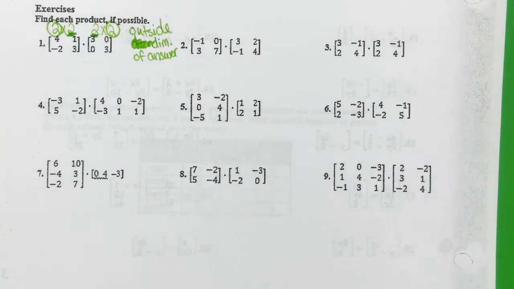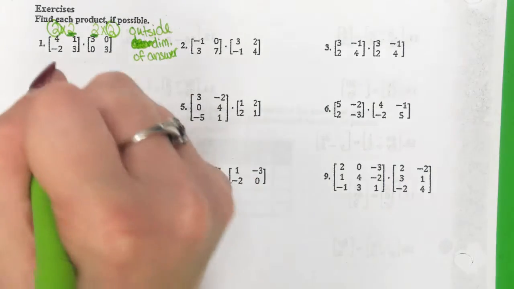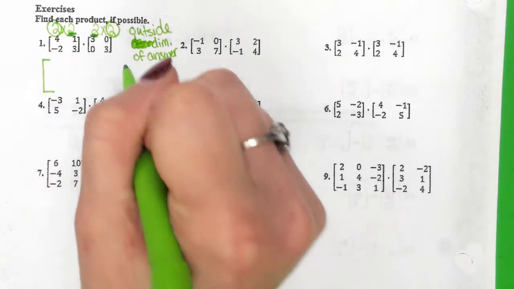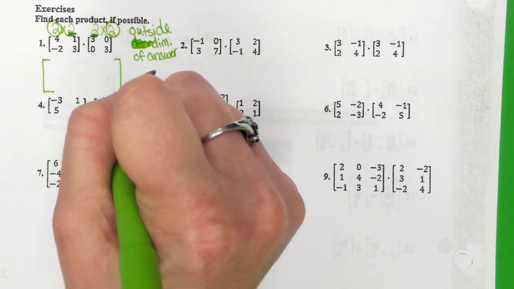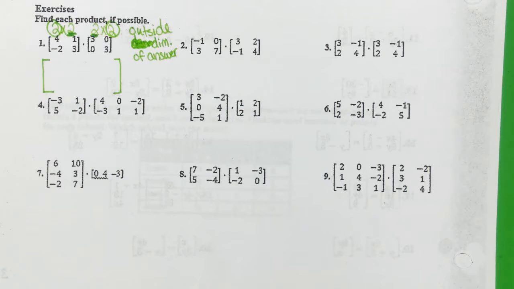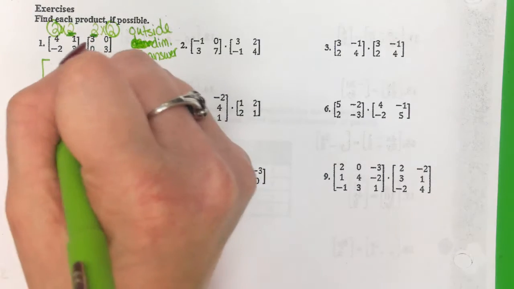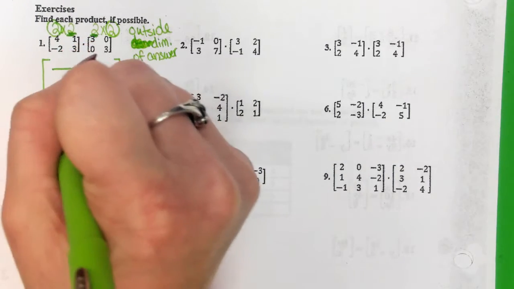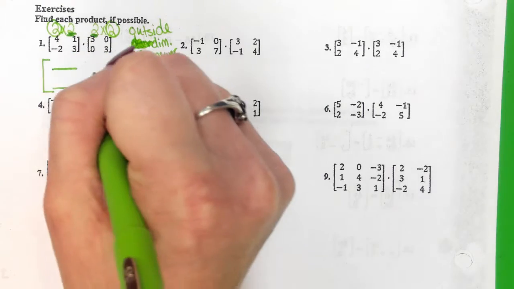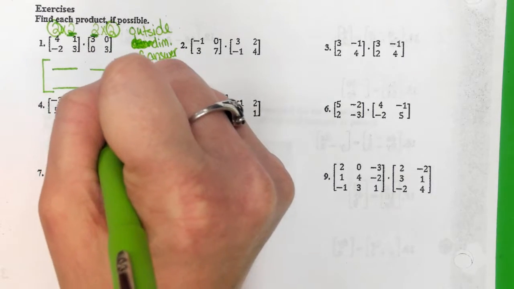The outside 2 numbers are the dimensions of your answer. So we're going to have a 2 by 2. 2 by 2 means that you're going to have 2 rows and 2 columns, right? Everybody okay with that so far?